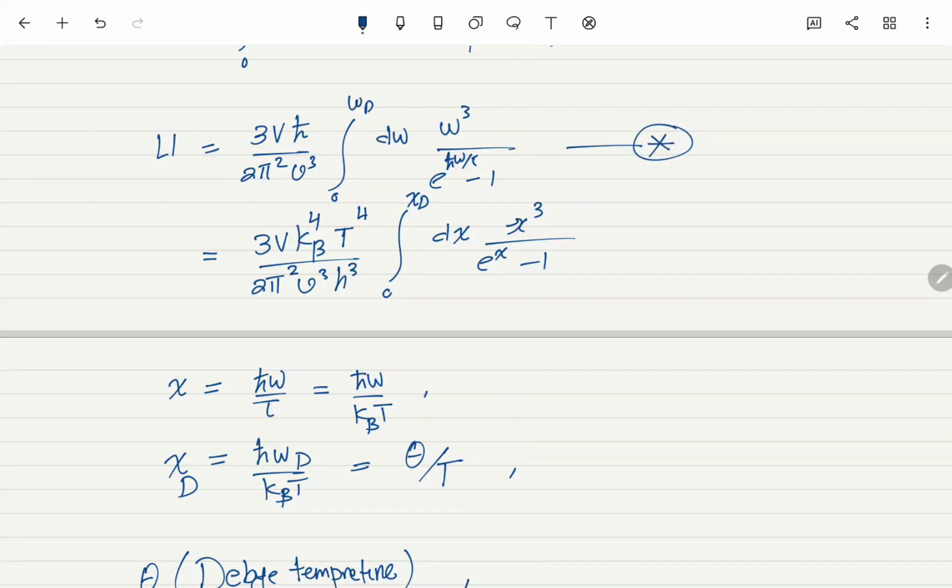It's easy actually to differentiate this part here to find the CV.